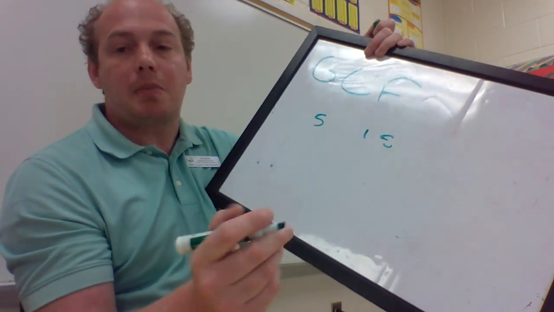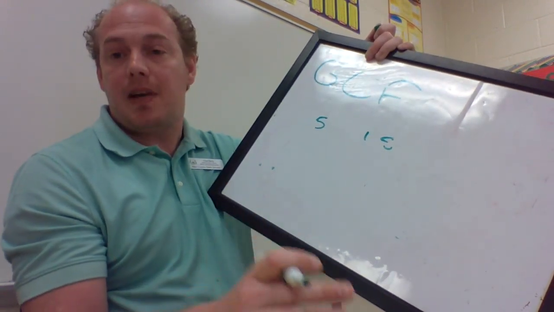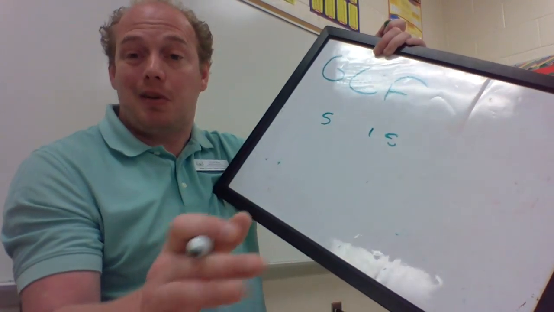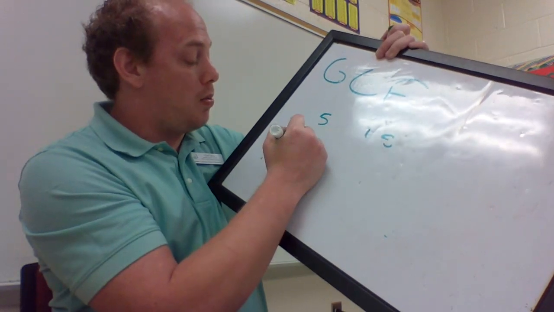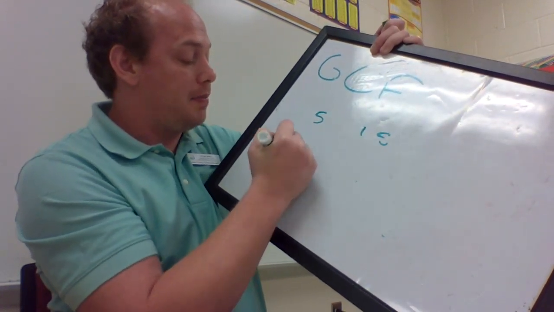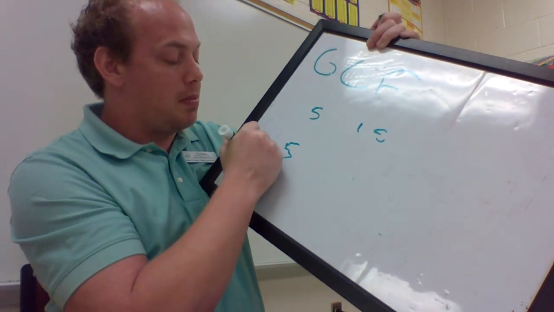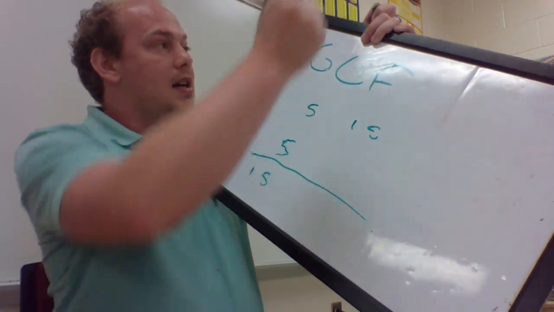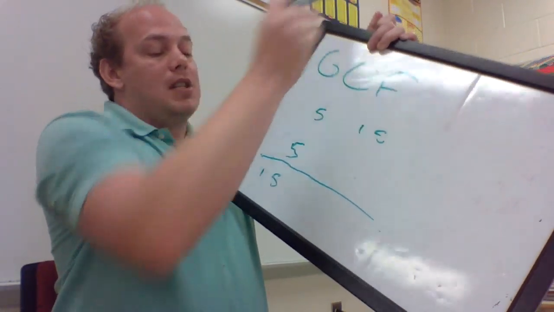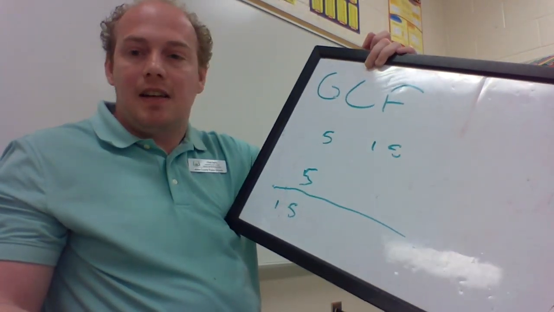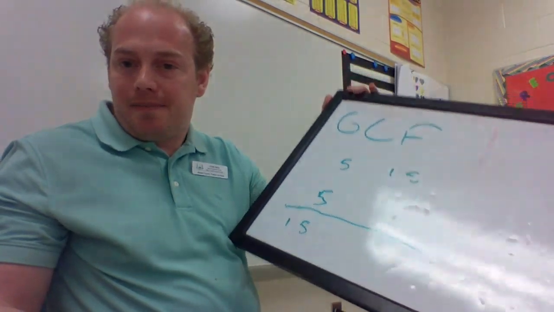So I'm gonna set these up and then give you the reins to show me what you know. So we're gonna put 5 up top and 15 on the bottom. We're gonna put a line between them. Now, show me what you know. Go from there and let's take a look and see if we're right.